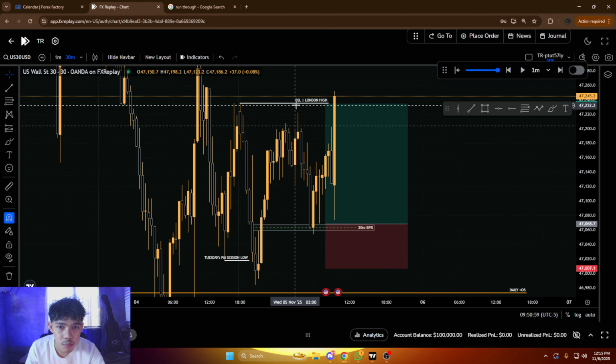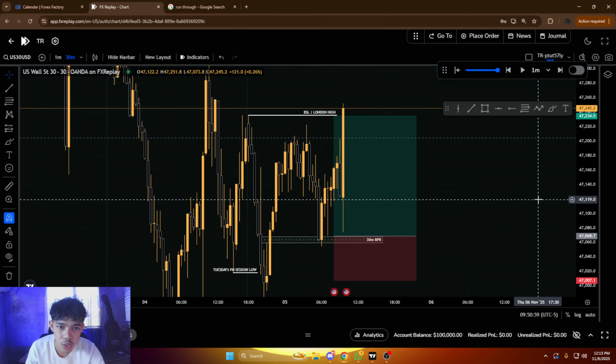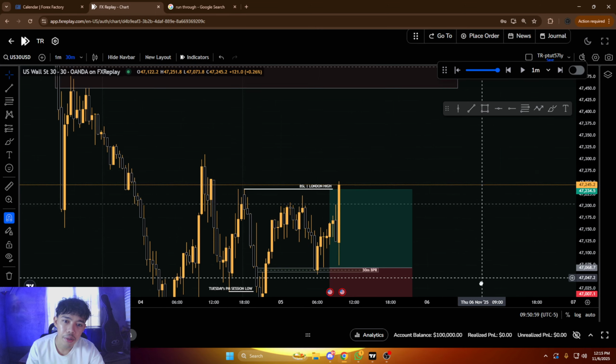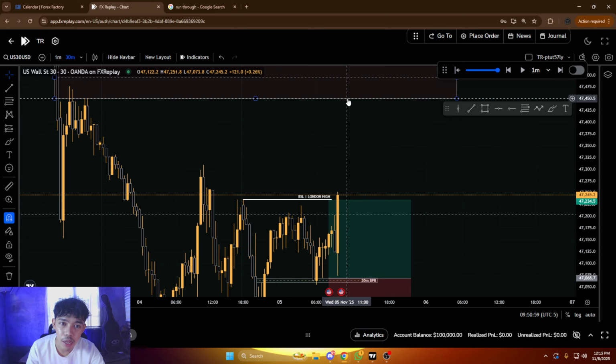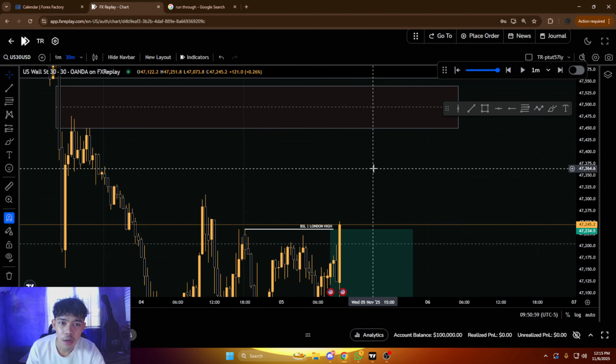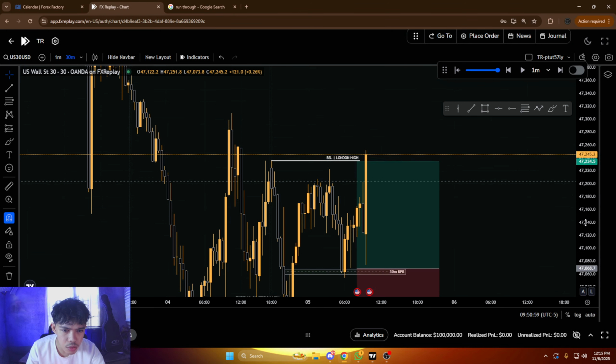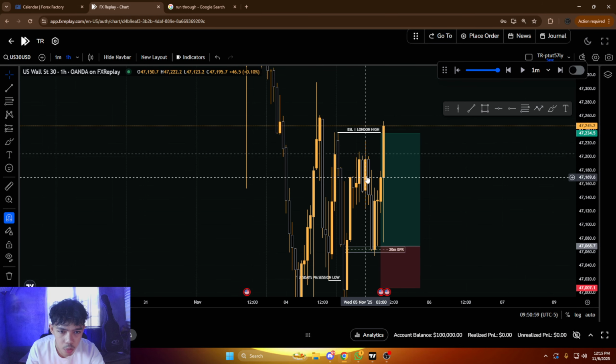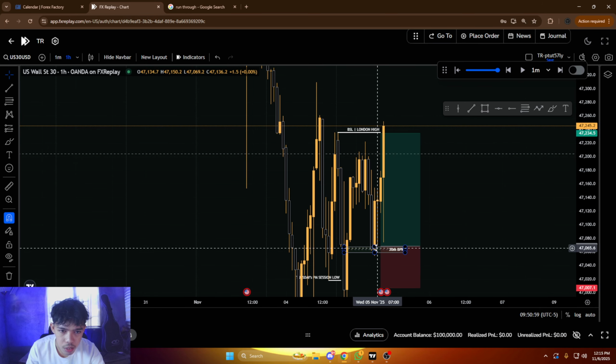And then price pumunta sa target ko, which is yung buy-side liquidity na generate during London session. And then after that, I'm thinking, okay, this can probably expand to the 4-hour imbalance now. So what I was thinking is, I was waiting for this 1-hour bullish order block na ma-form.